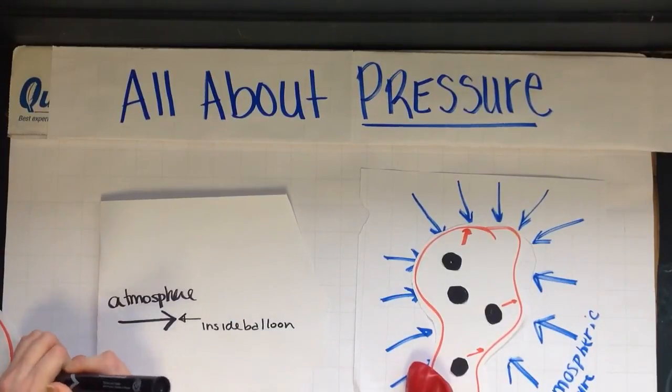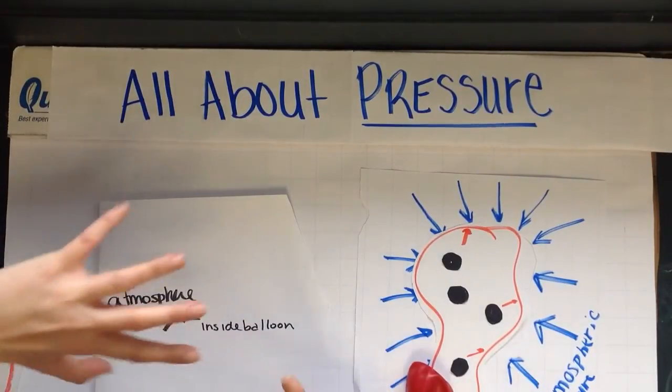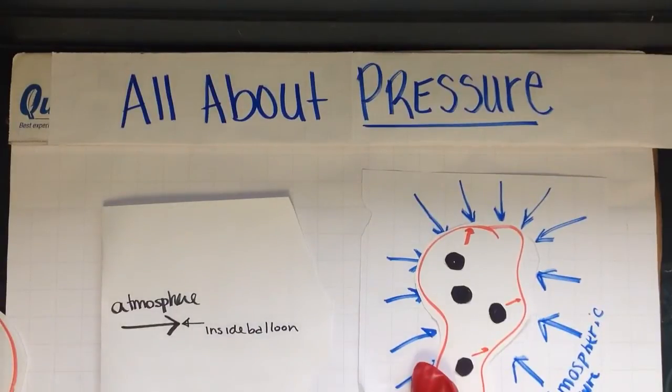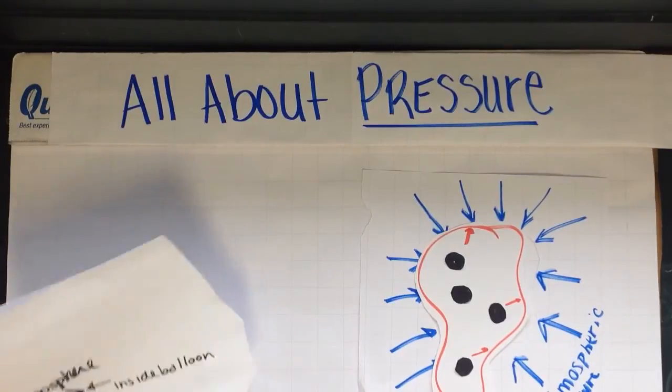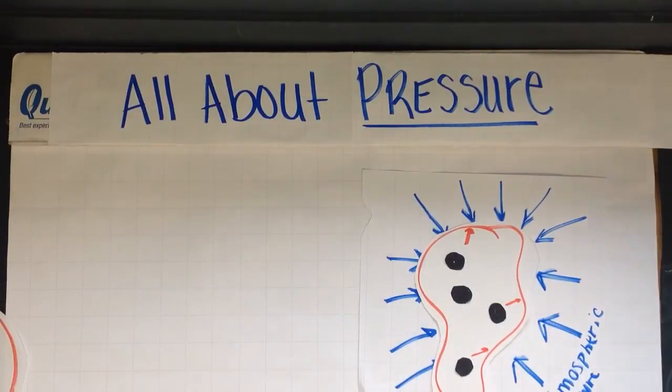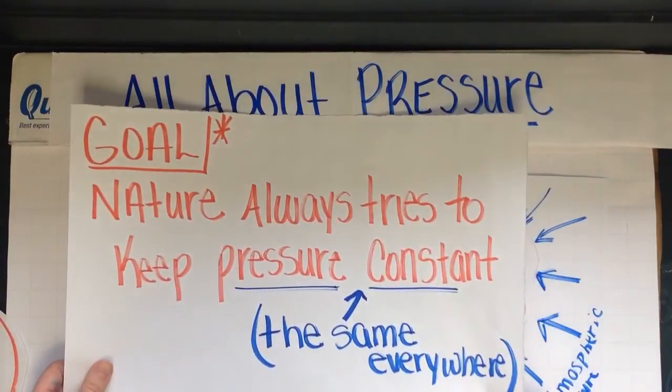So the atmosphere is what pushes that balloon in because it's still applying its pressure. And also the fact that the molecules have slowed down has caused this to happen as well. Okay? So the goal of nature is always to keep things the same.